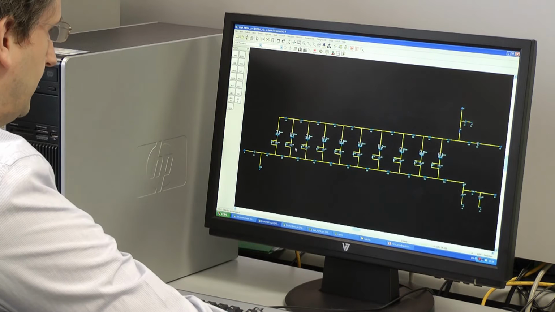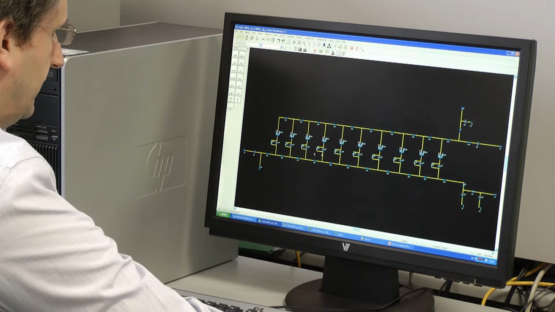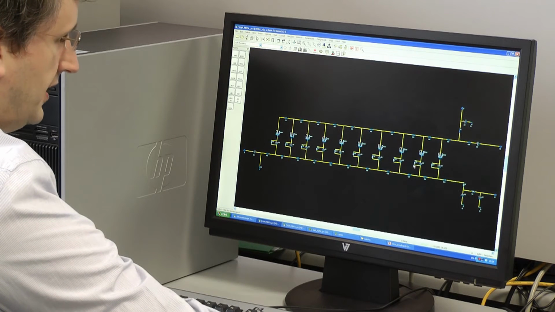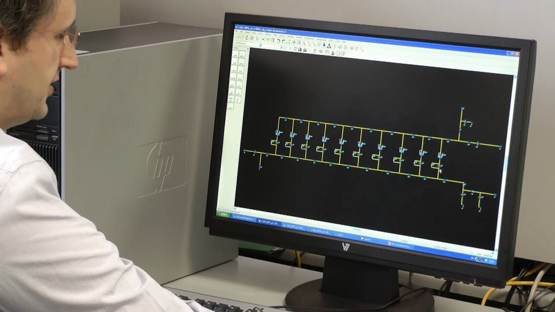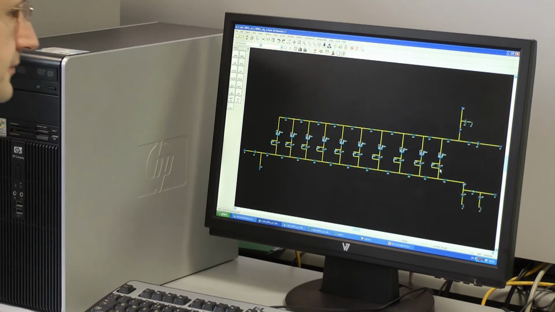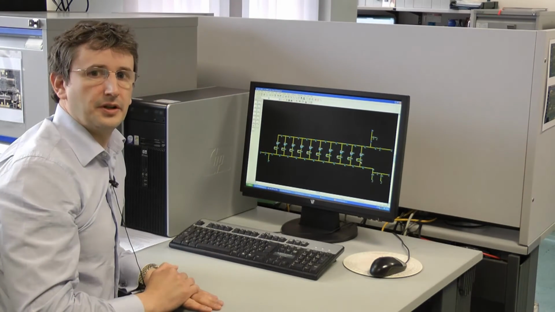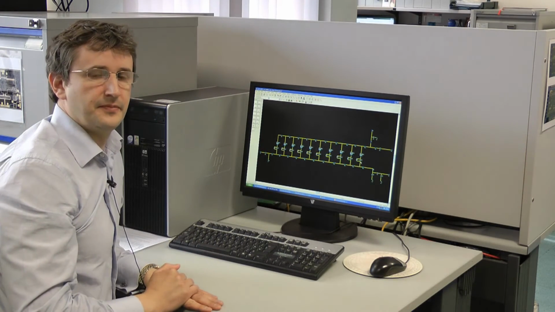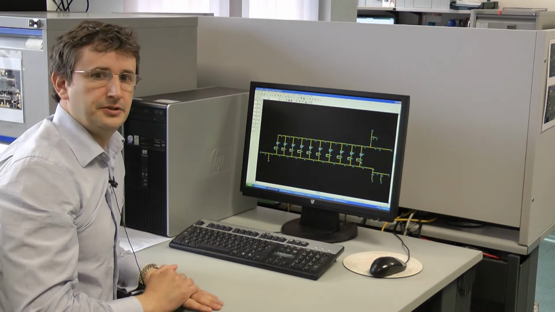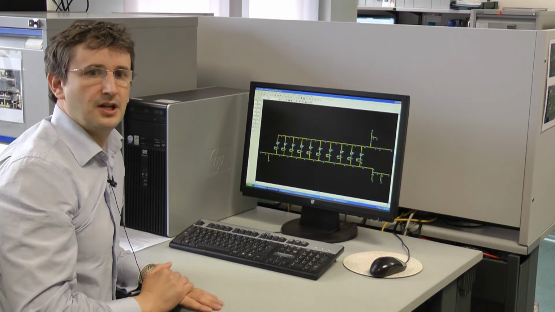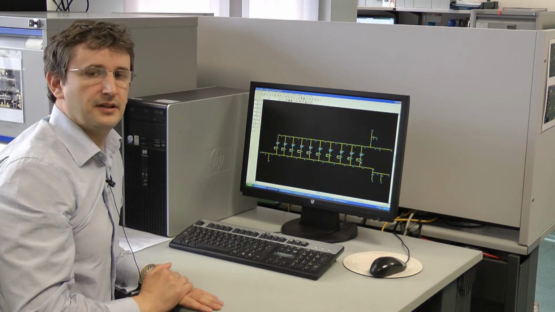There's one here, one here, one here, and so on for each of the 10 devices. Now, these allow us to increase the size of the device, yet still work to 18 GHz. They effectively reduce the shunt capacitance of the gate line low-pass filter, so extending the cutoff frequency.